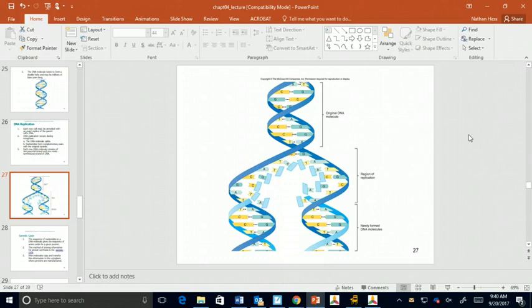Kind of like your little Lego blocks, right? And they match up. The C's with the G's, the T's with the A's. And they literally take and make a whole new strand of DNA. They actually make two strands because one side was the original and the other is the side that has now been created as the DNA replicates itself.